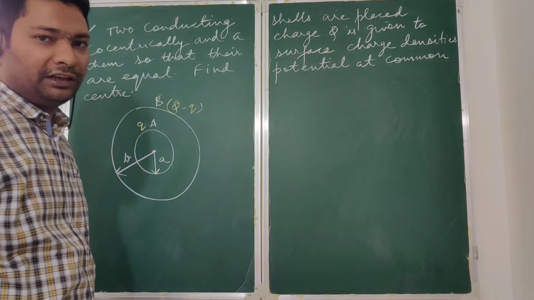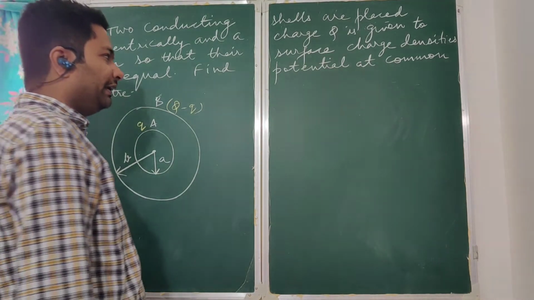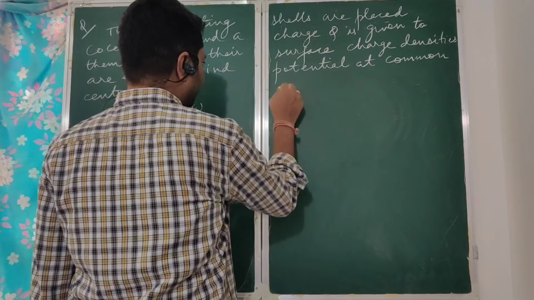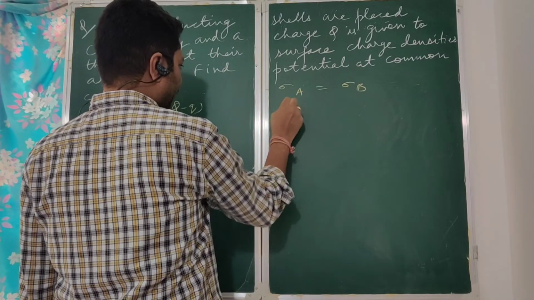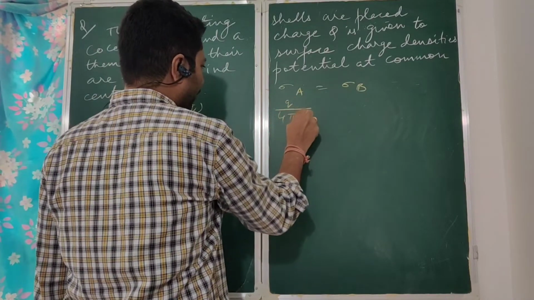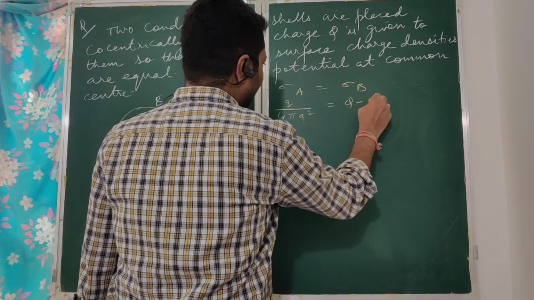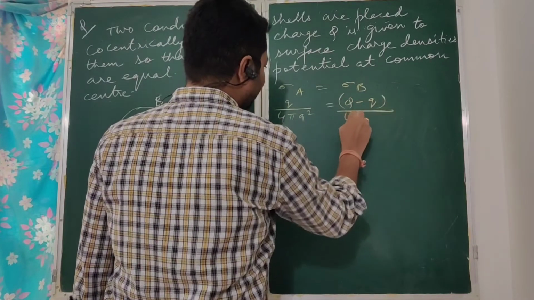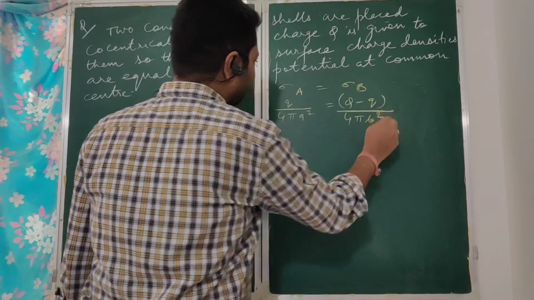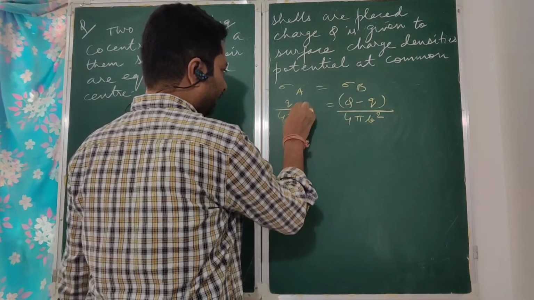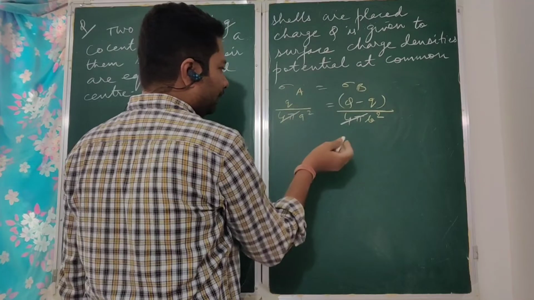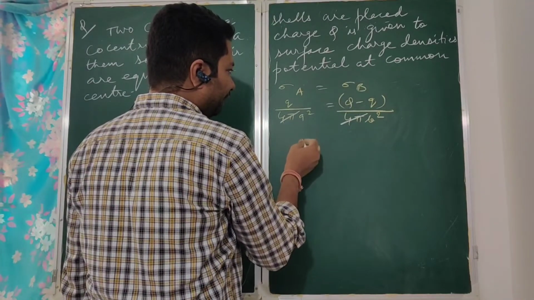What is surface charge density? It is charge per unit area. So we can write sigma A is equal to sigma B. So charge on A, small q by 4 pi A square, we can write it as capital Q minus a small q by 4 pi B square, the surface area of a sphere. So now 4 pi and 4 pi will get cancelled, and what we will get?